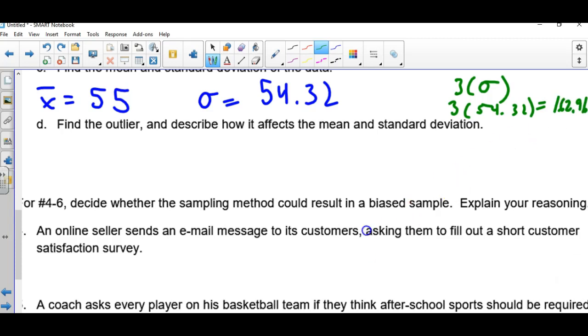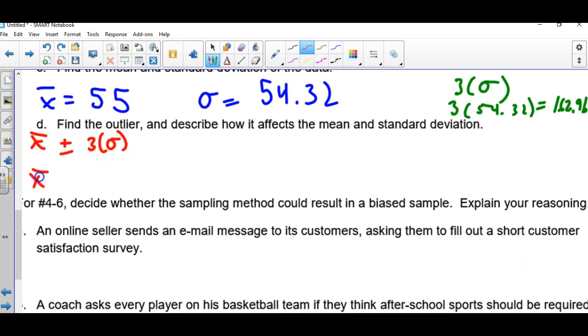So now that I have my three standard deviations, I can go ahead and find my outlier. You would typically take the mean, x bar, and add it and subtract it from the 3 standard deviations. Let's go ahead and do it.